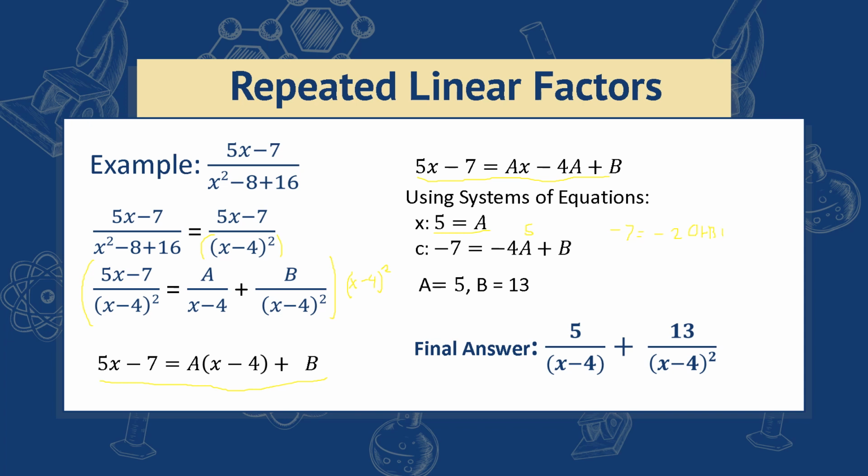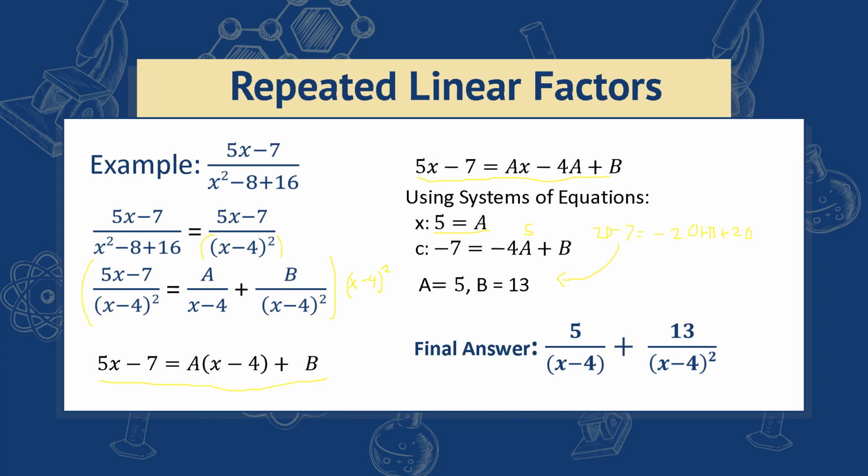We then add 20 to both sides to move the negative 20. And then the answer would be b is equal to 13. So our final answer is we plug in the values of a, which is 5, and b, which is 13, and we get the final answer of 5 divided by x minus 4 plus 13 divided by x minus 4 squared. So in my opinion, repeated linear factors are easier than distinct linear factors.